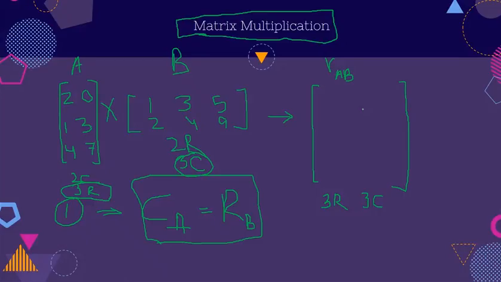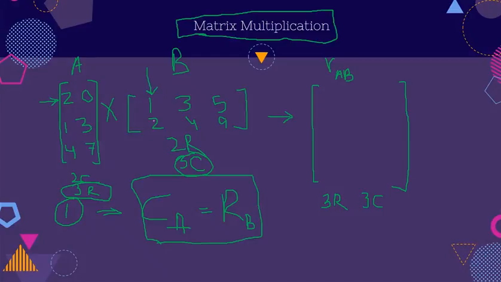Now let's multiply these matrices. What we do here is take the elements present in a row of A and multiply them with the elements present in a column of B. My writing is touching a bit today, but we'll ignore that.